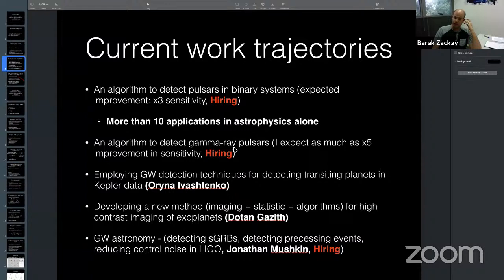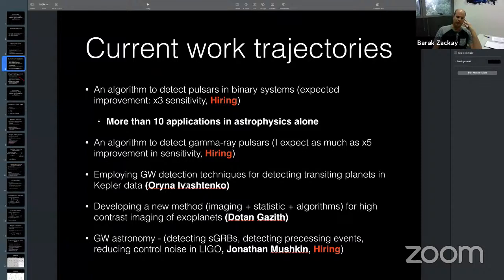For these two things, I'm still hiring people because I can't do it alone. And in other work, we are continuing the gravitational wave detection and also improving the techniques. And this I'm doing with my student Jonathan Mushkin. And there's another spot in this effort because this is a major trajectory.